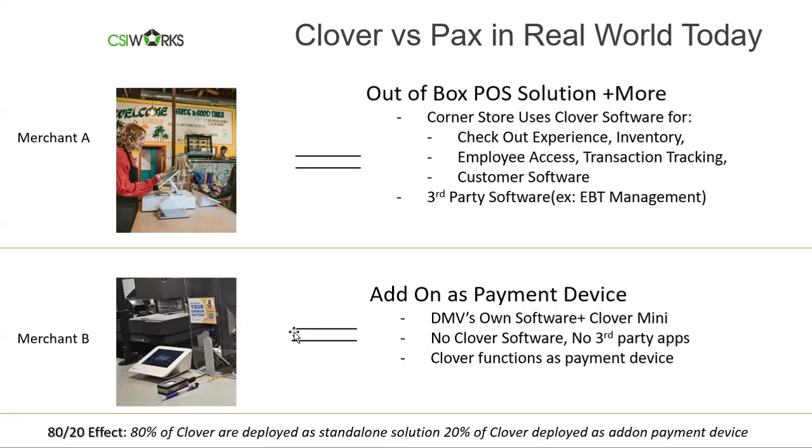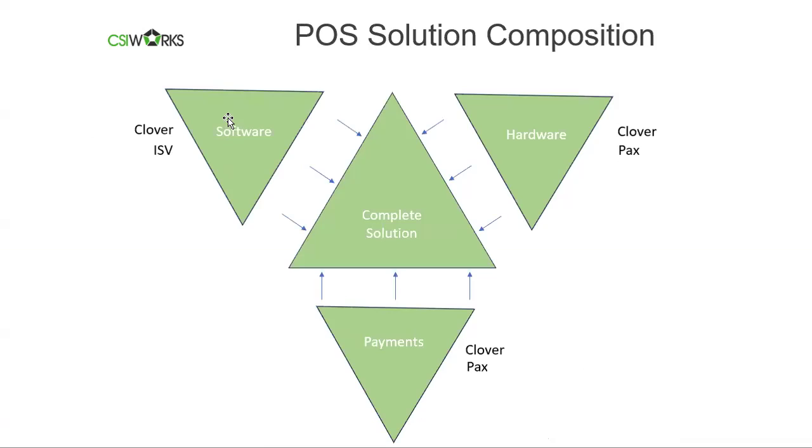Behind that counter, there is a nice lady who has a computer, and that computer, in our case, would be a point of sale. There is some software that the DMV utilizes that was provided by some software vendor out there, and it sits on additional hardware. That's not necessarily Clover. So in the case of the DMV, Clover just represents the payment component, nothing else.